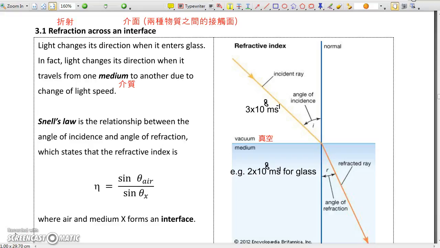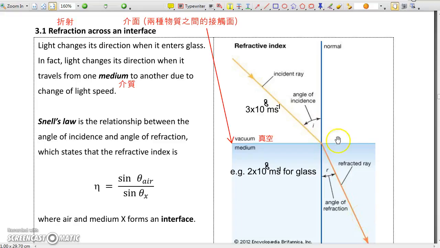So what is refraction? Refraction occurs when light travels across an interface. An interface is the area of contact between two different media, for example, vacuum and glass. When light travels from vacuum to glass, the speed of the light changes, and in this way, the direction of the light also changes.